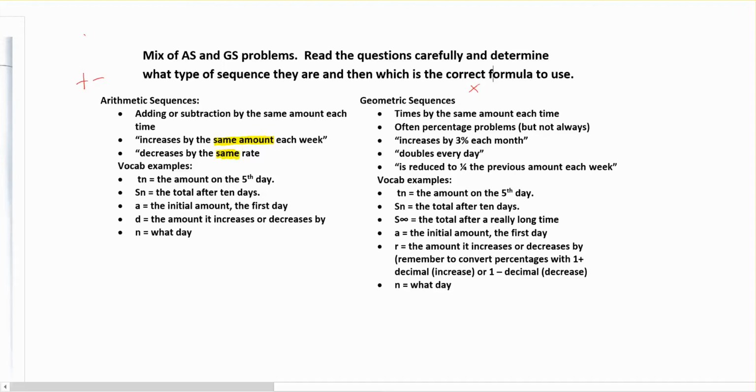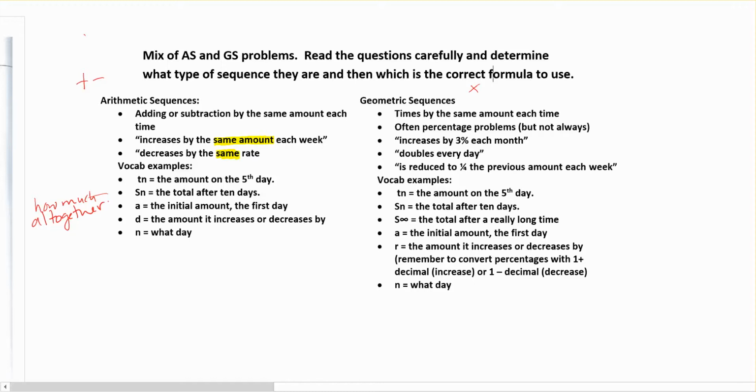Other vocabulary examples for you in terms of what parts of the formula would be. If you're looking for T, you might have words like find the amount on the 5th day, right? If you're looking for the sum, it's going to be something like find the total after 10 days, or something like how much all together.